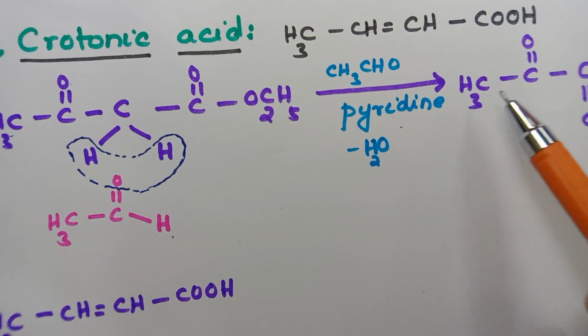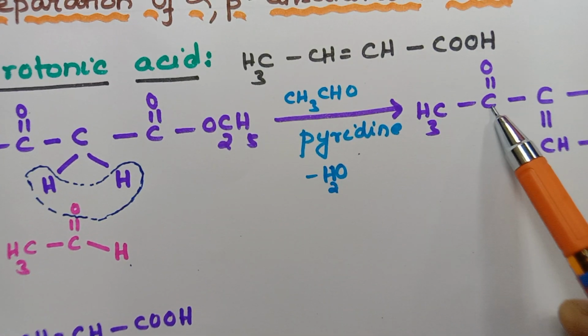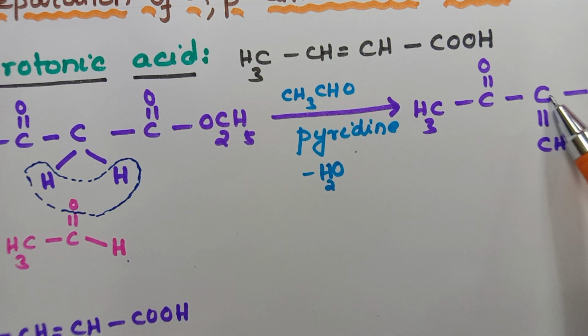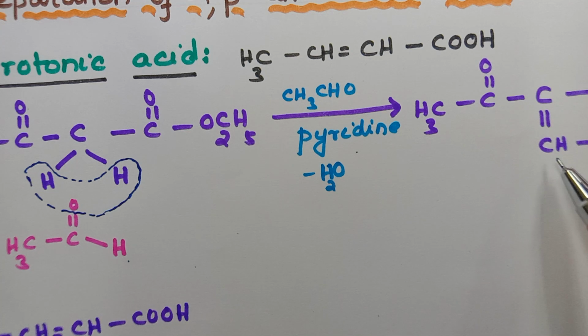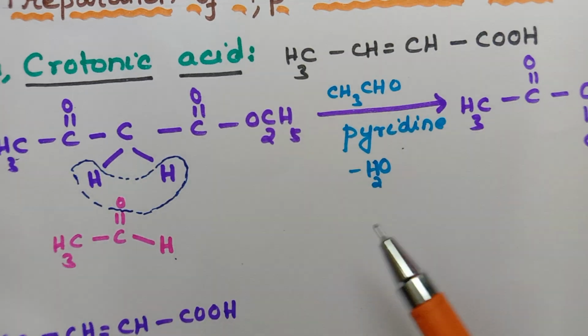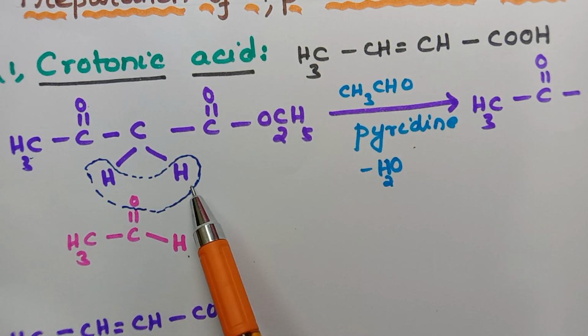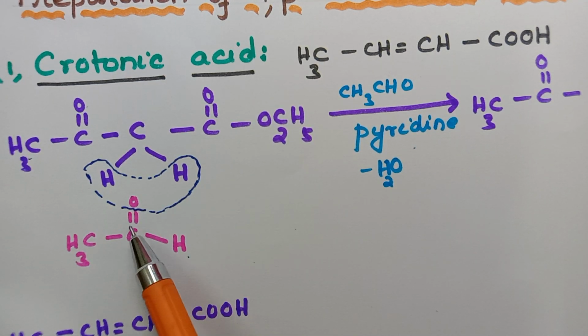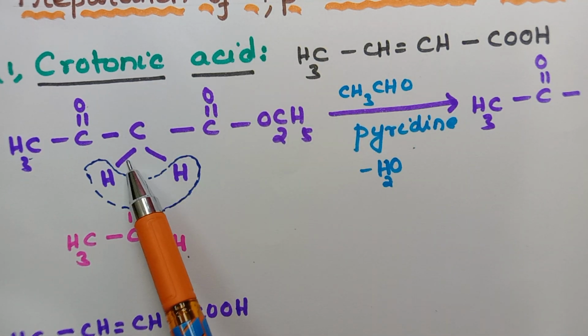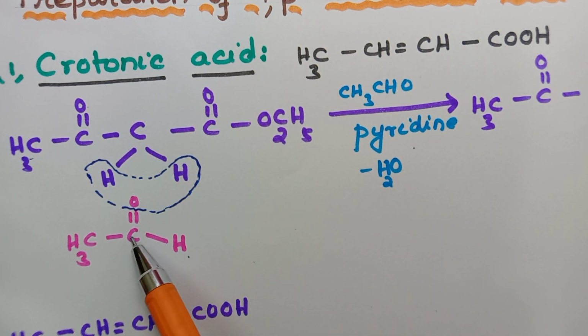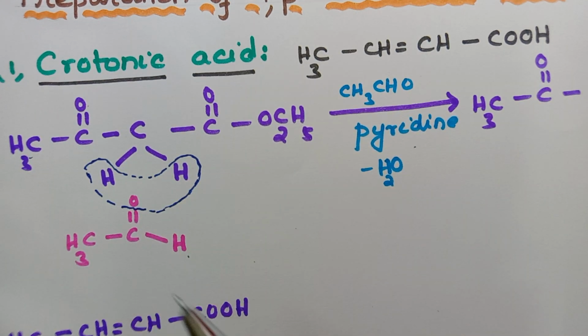Next what do we get? CH3 C double bond O, C. Now there are no hydrogen atoms here, but there is a group here, C double bond CH, CH3. Look here, students, these two hydrogens are removed, oxygen is removed. Here two bonds are vacant. So this carbon and this carbon will be attached with a double bond.